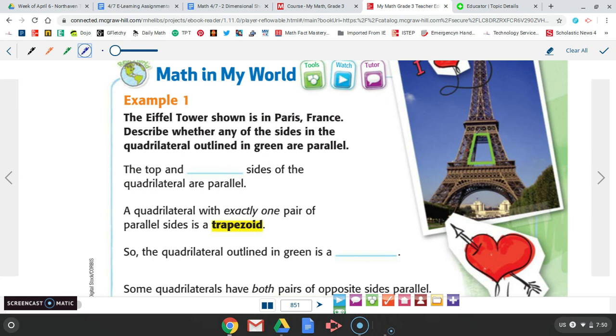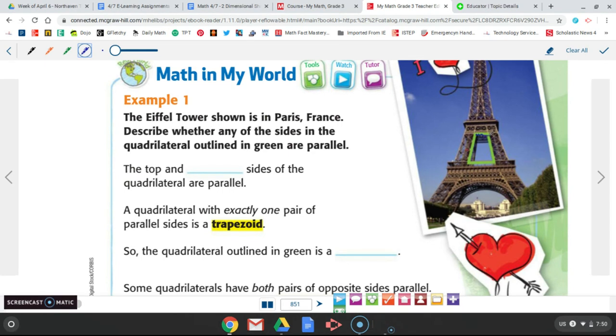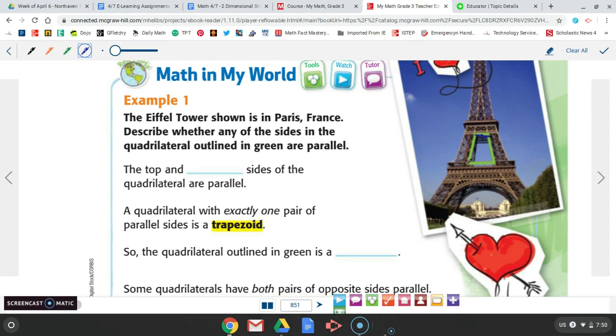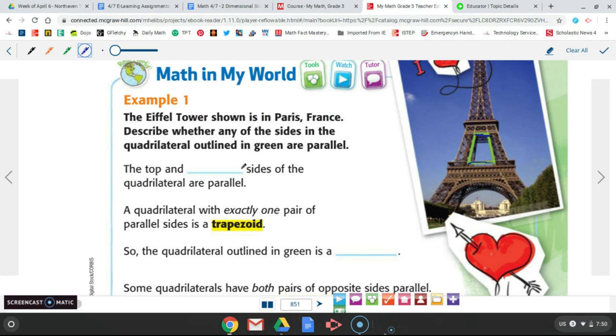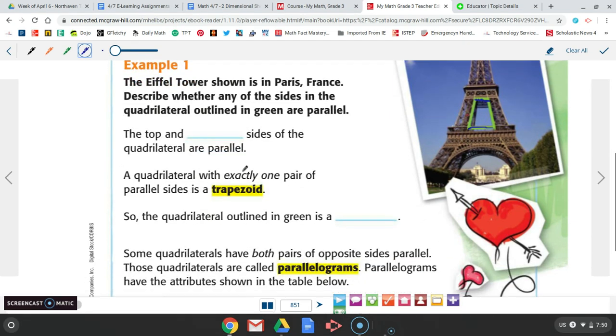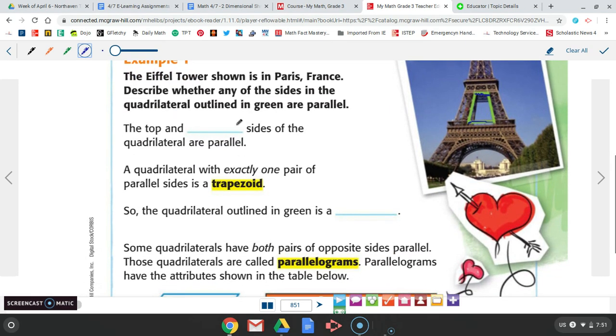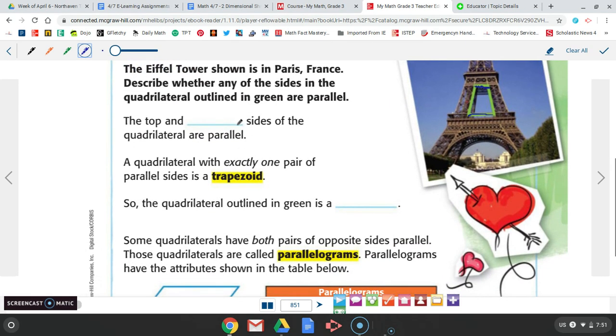Well, here's the top. And if I look at this shape, which sides will never ever touch the top? Well, this side is already touching. This side is already touching the top. So it must be the bottom. So the top and bottom sides of the quadrilateral are parallel. So you can fill in the word bottom right here.